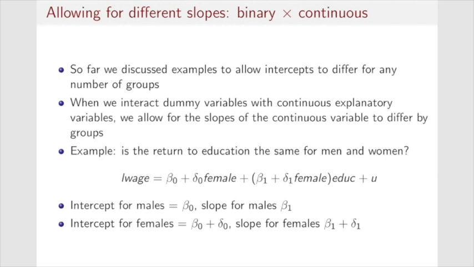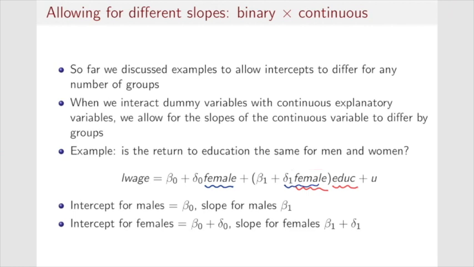We need a model in which the parameters of education are different for male and female workers. Consider the following model. We already included a dummy variable for females to allow for a constant wage difference between two groups. In addition, we also add the term delta 1 times female times the independent variable education.